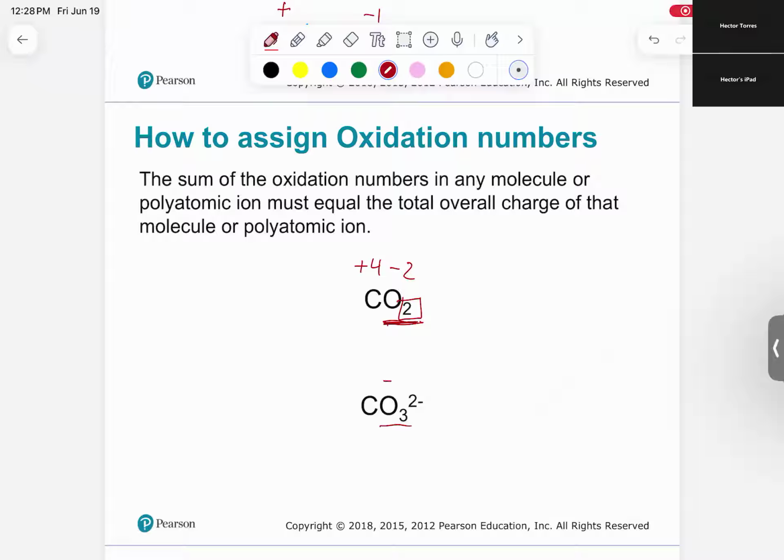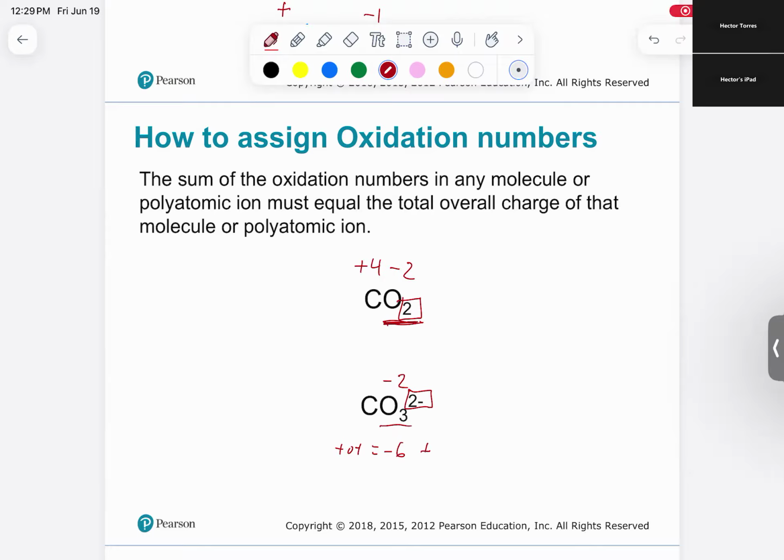The oxygens each have a -2 charge. So in total, they're going to have -6. However, we do see that this molecule has to have -2 in the end. So how are we going to get -2 out of this?